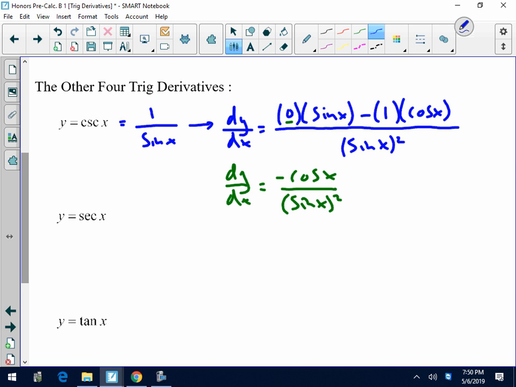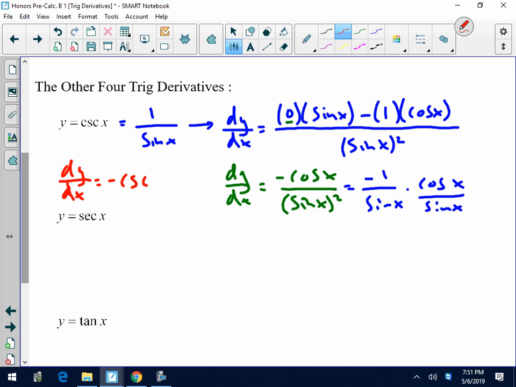So what I'm going to do here is factor away one of the divisions of sine x and call this negative 1 over sine x times cosine x over sine x. Now that negative 1 over sine x is going to be negative cosecant x, and my cosine x over sine x is cotan x. And there is the way we are going to represent the derivative of cosecant x.